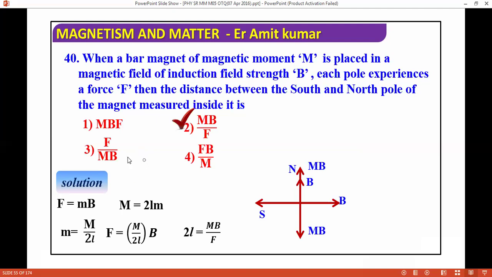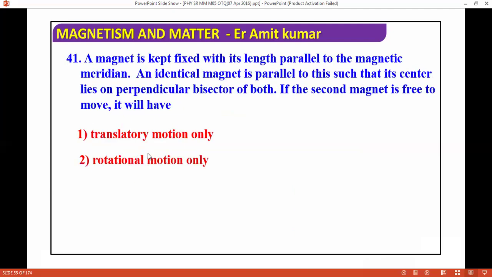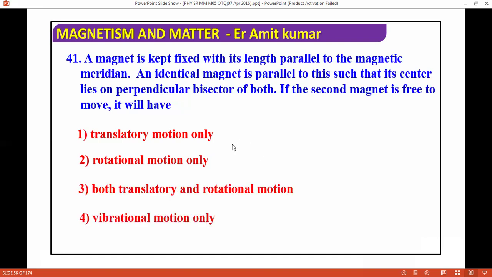Next question: a bar magnet is kept fixed with its length parallel to the magnetic meridian, and an identical magnet is placed parallel to it such that its center lies on the perpendicular bisector of the first magnet. If the second magnet is free to move, then it will have translatory motion and rotational motion, both translatory and rotational, or vibrational motion only.